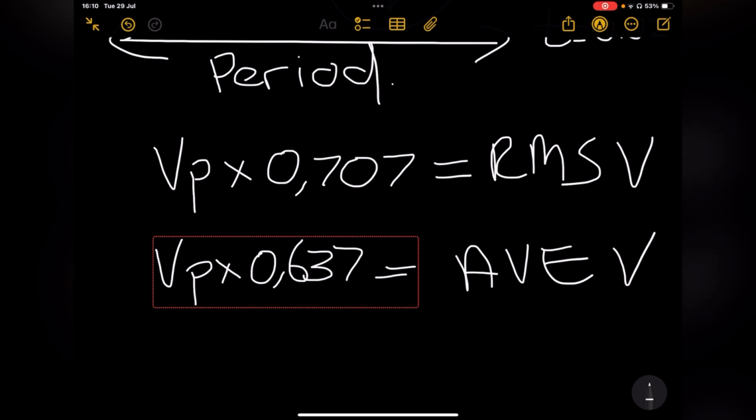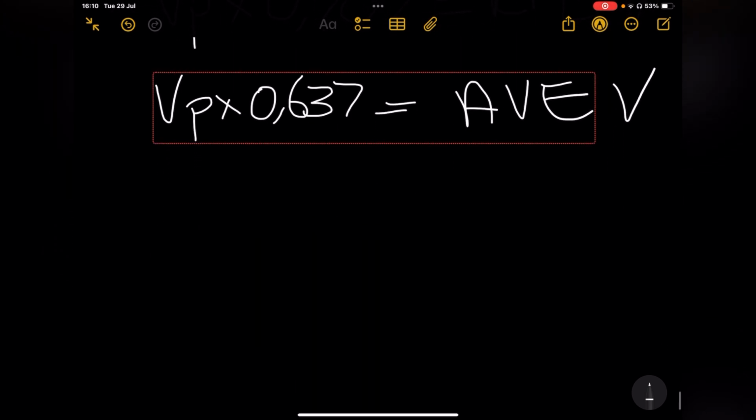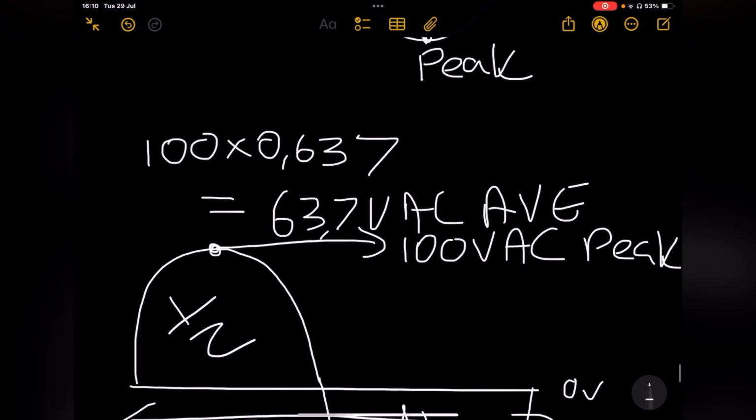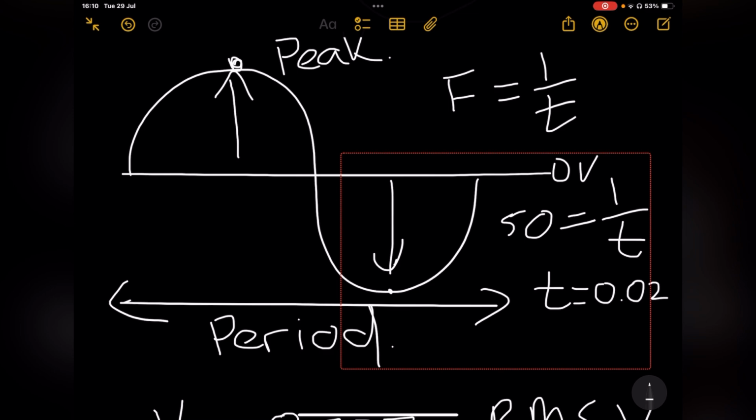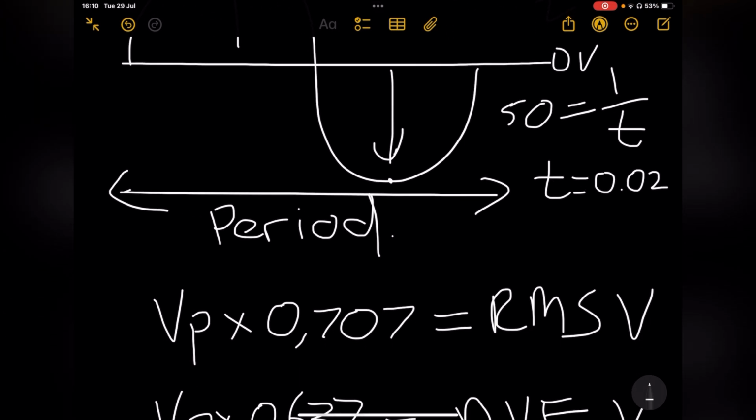RMS voltage, average voltage. All right, cool beans. Now we've gone through those principles. So things that you can clearly see is we have a waveform that goes past the 0 reference over here, and it goes up and down, and we've discussed frequency, we've discussed period, we've discussed peak, and we've discussed time of the period for 50 hertz.